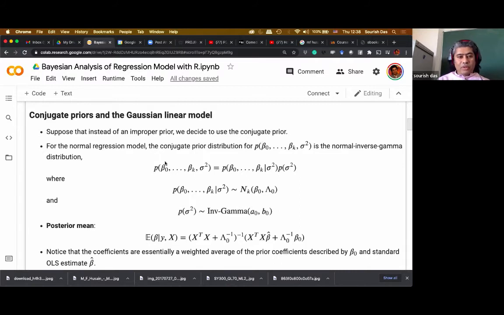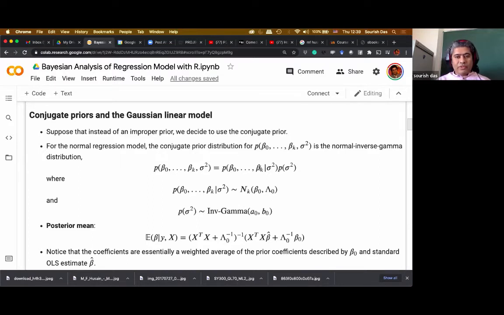This is what we want to build: a prior distribution over beta naught, beta 1 to beta k and sigma square. If we can develop a conjugate prior, our life will be simpler because my posterior will be in the same family, and we can do all the things analytically. That is the advantage of being a conjugate prior.